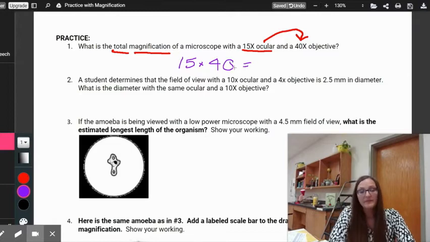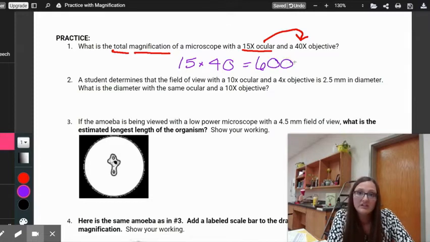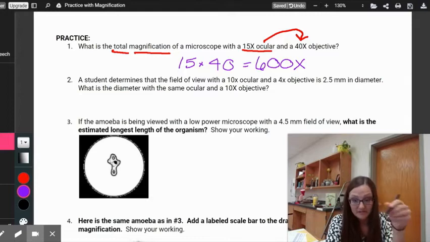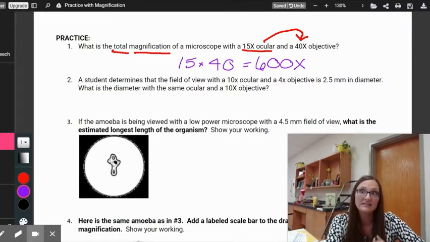And what that should give you is 600. And so what you'll put is an X right there, and that just stands for 600 times. So the total magnification of that microscope image that you're looking at is going to be 600 times more magnifying than it would be by the naked eye.